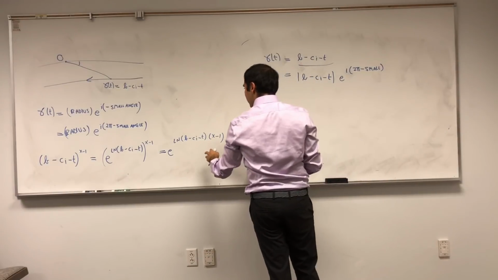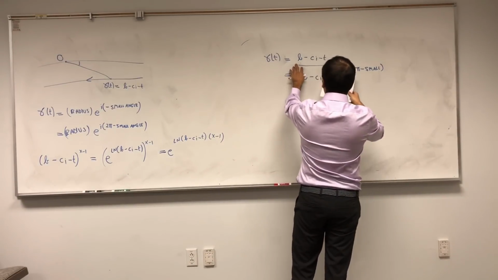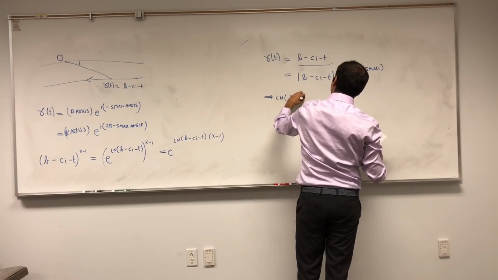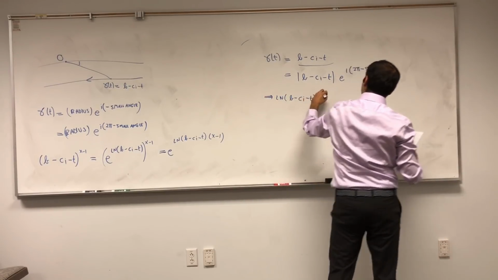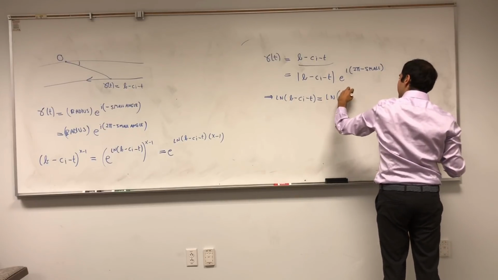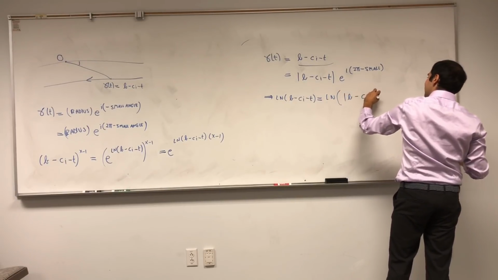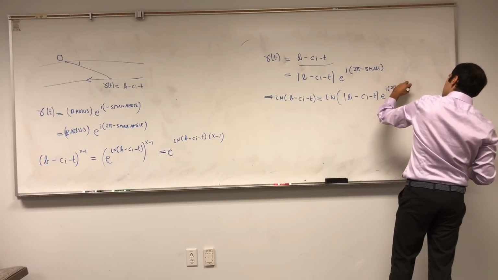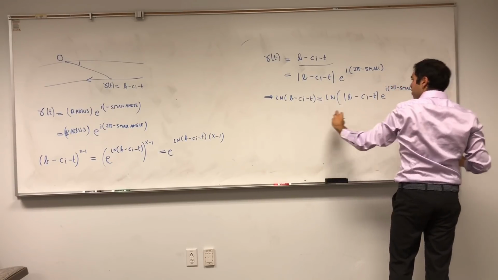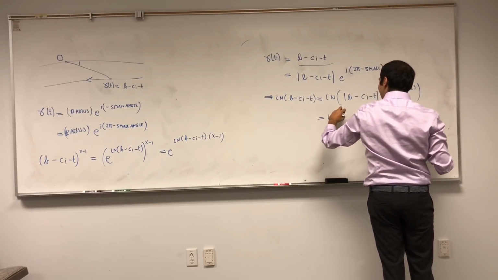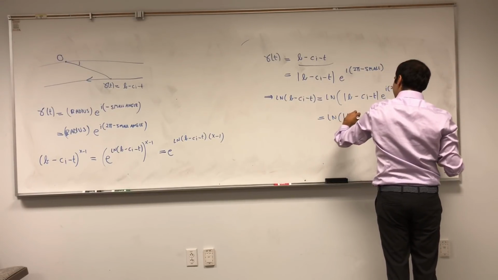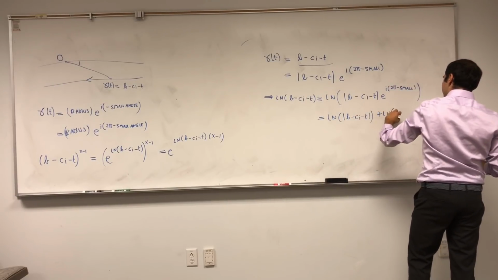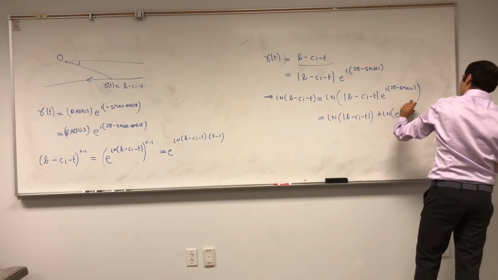And in particular, what we have here is that if we take ln's, so ln of (b − ci − t), that's ln of this whole thing, |b − ci − t| times e^(i(2π − small)). Well, that's really equal to ln|b − ci − t| plus ln of e^(i(2π − small)).